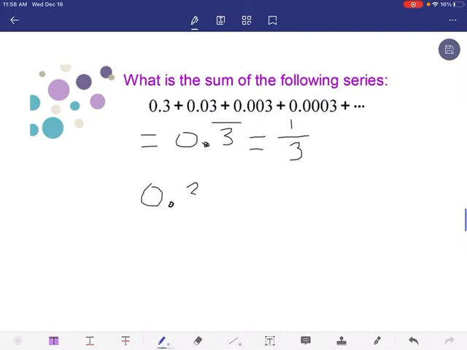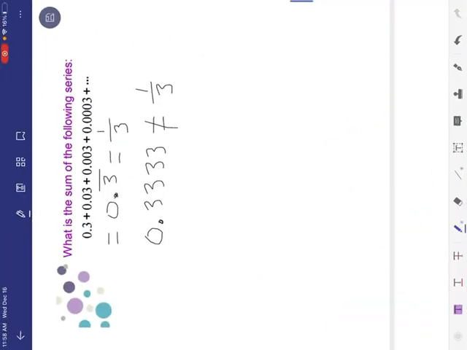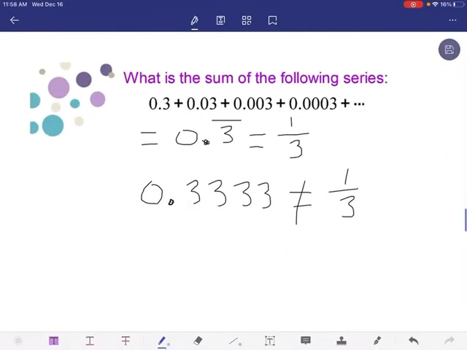Now notice though that if we were to round this number at any point, notice that this does not equal 1/3 any longer. It can only equal 1/3 if I have all of the terms in the series.